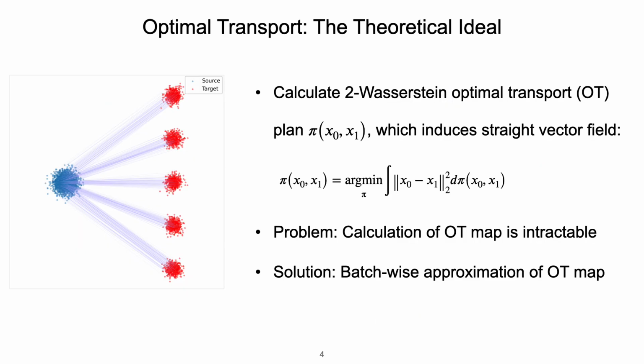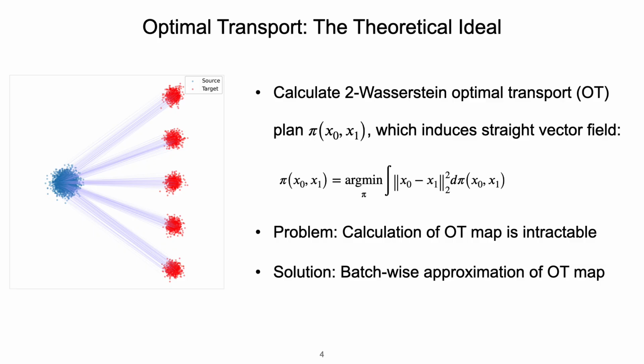So the natural question is, how do we get straight paths? The theoretical answer is optimal transport. The Wasserstein OT plan, shown in the formula here, pairs each source point with a target point to minimize the total squared transport cost. And it's a known result that this OT coupling induces a straight vector field.